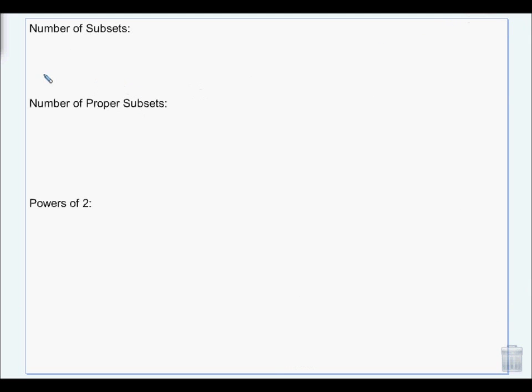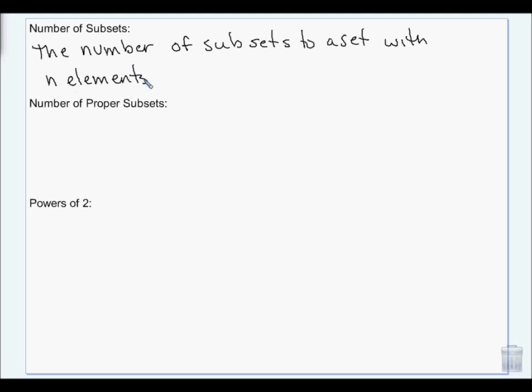Okay, so the number of subsets with n elements. So basically I take any n, this n right here just stands for how many elements there are. 2, 5, 3, whatever.